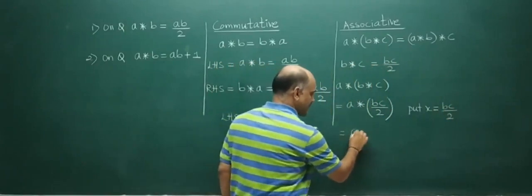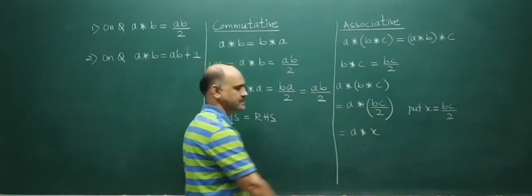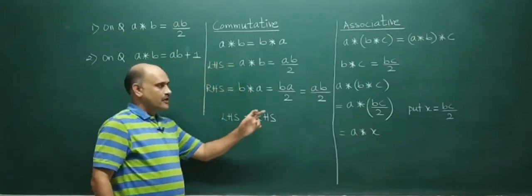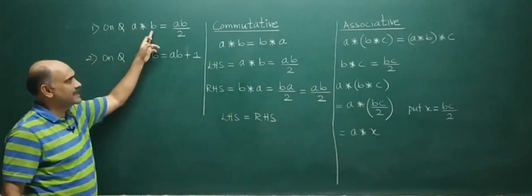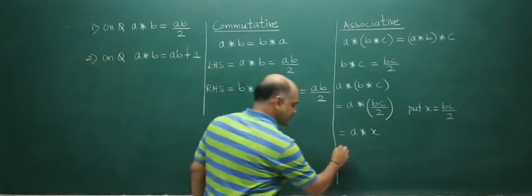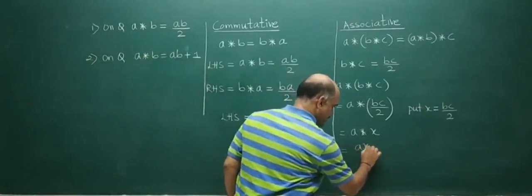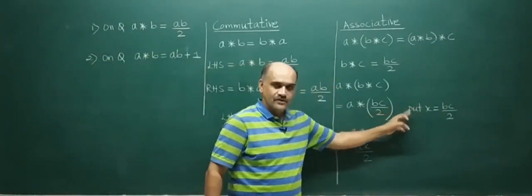So this will be A star x, correct? Now if you apply the definition, A star x will be equal to Ax by 2. Now substitute the value of x.